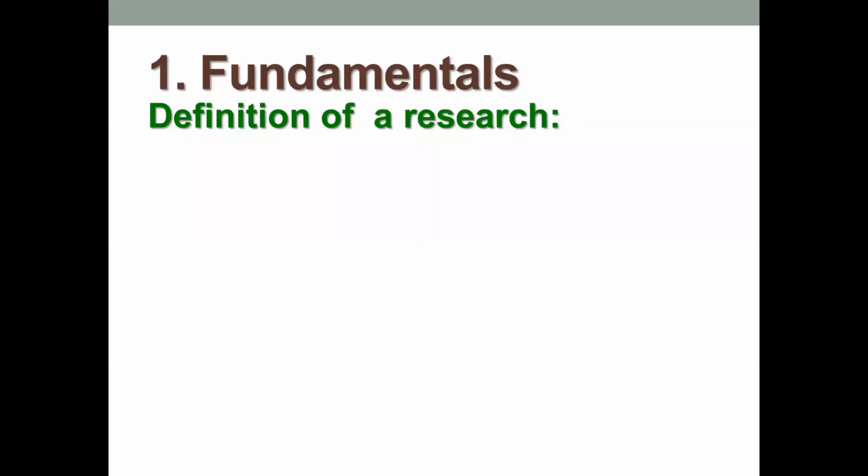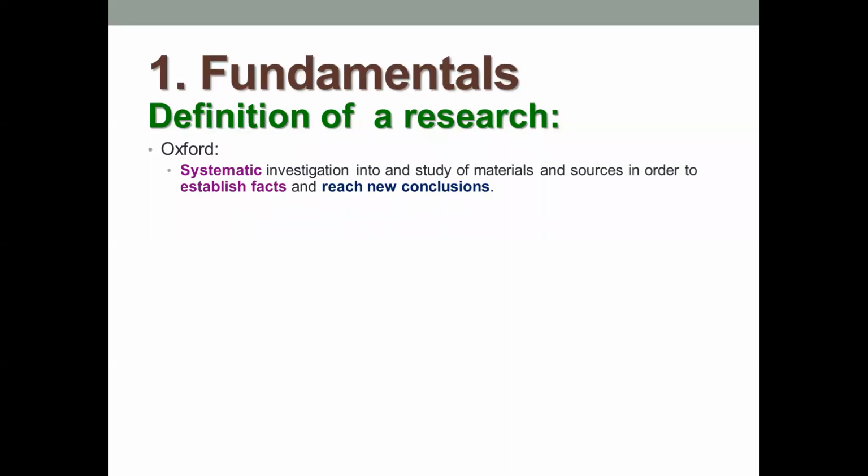Now let's see the definition of research given by different dictionaries. In the Oxford, it says: systematic investigation into and study of materials and sources in order to establish facts and reach new conclusions. This will also give you a basic idea about what it is.